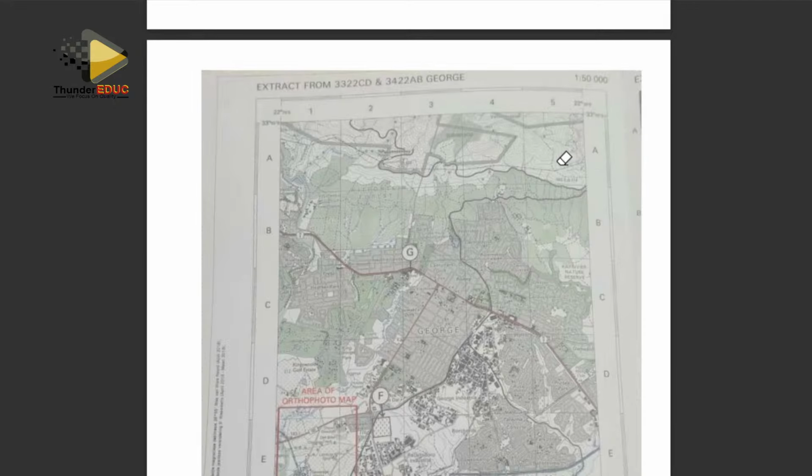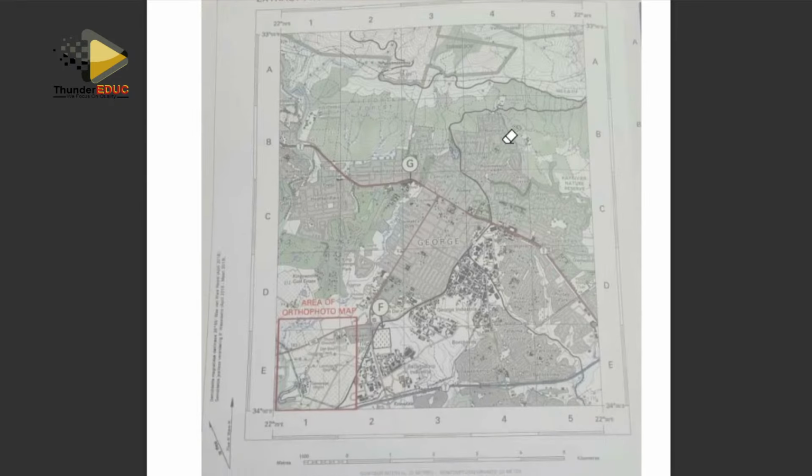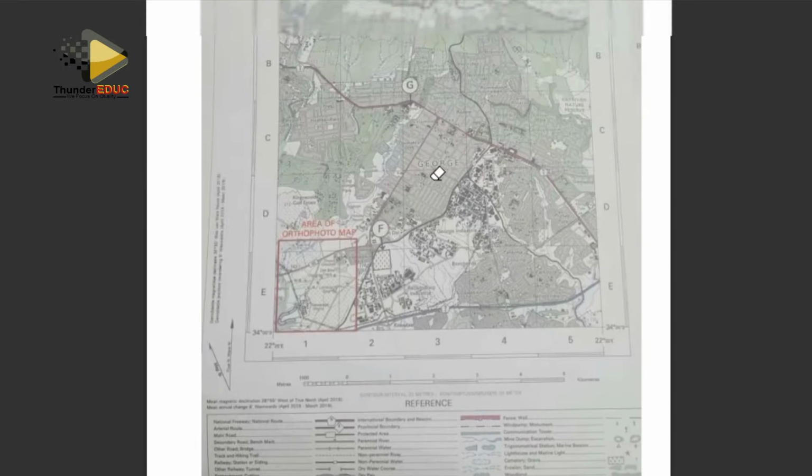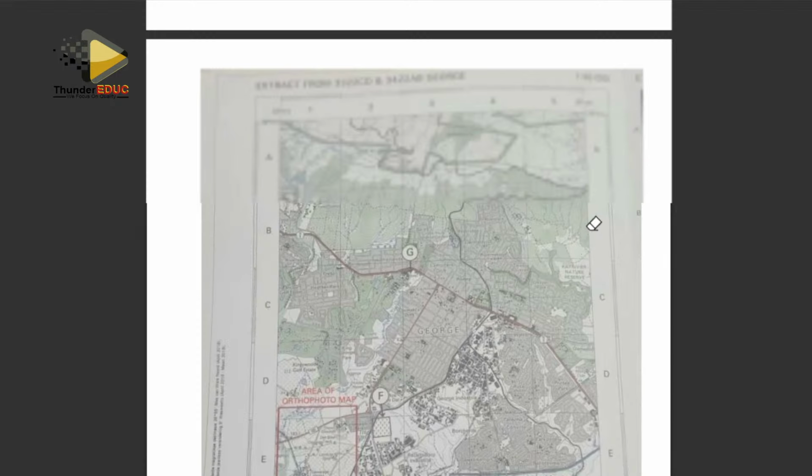It should be here. However, my map is not clear at all. However, I'll show you how it is done, though it's not clear. Let me just take an example. It is here.